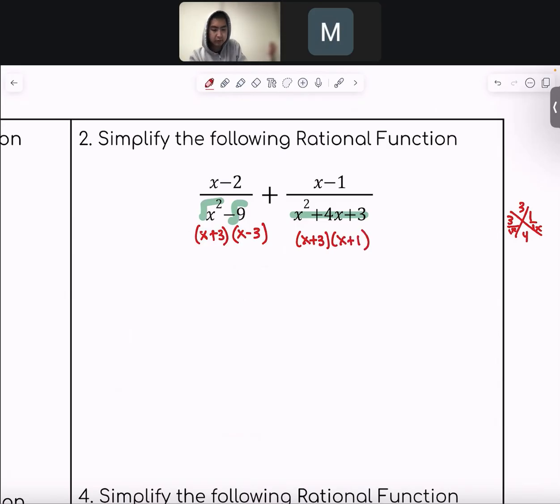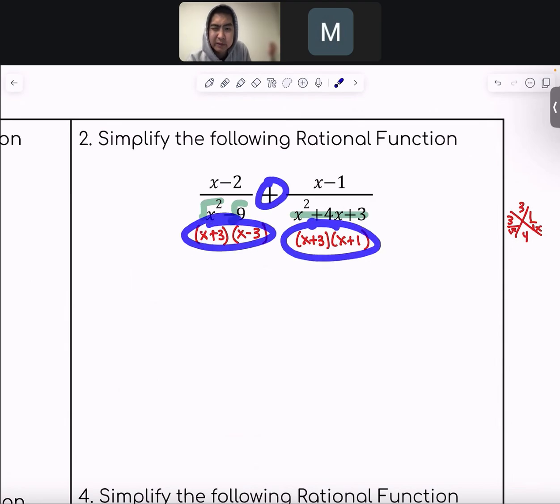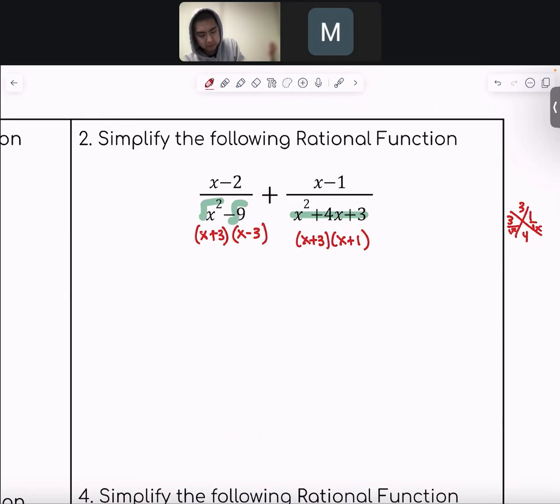Now, when you compare the two denominators, remember when we add, denominators need to be the same. They both have x plus 3. They do not have this the same, right? So on this side, we need to multiply top and bottom by x plus 1. And on this side, look, this matches up with this and this, it needs this one, right?